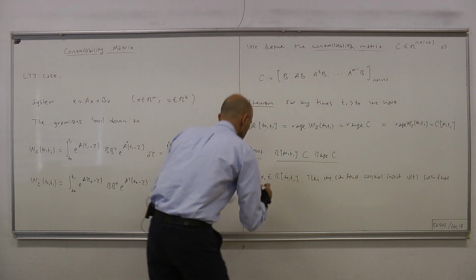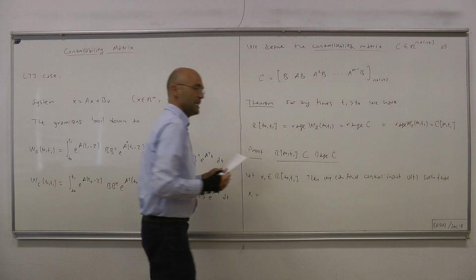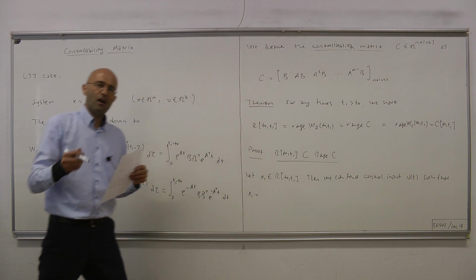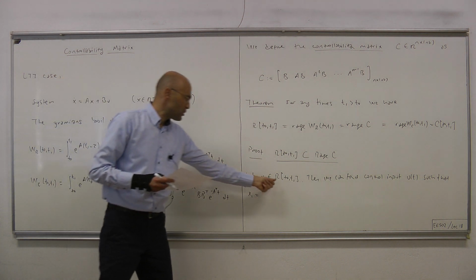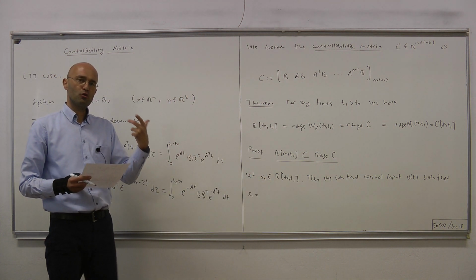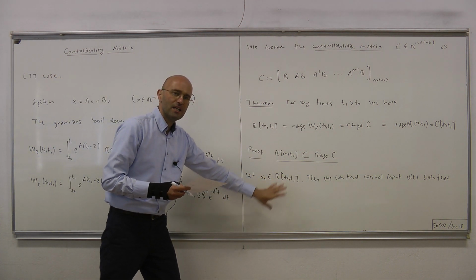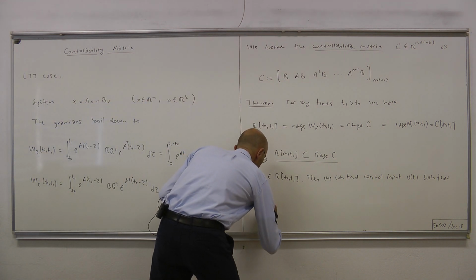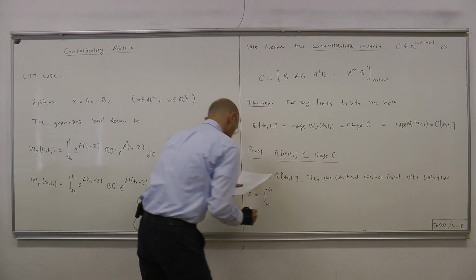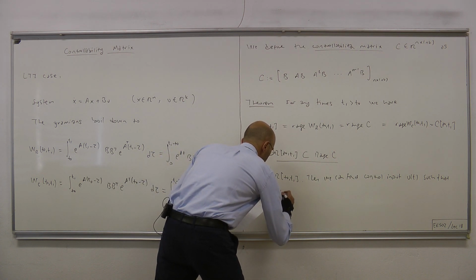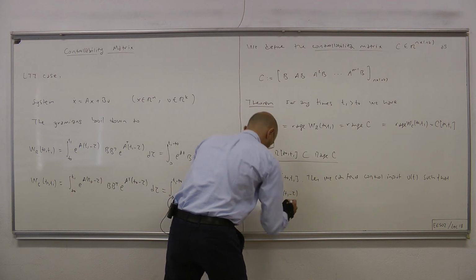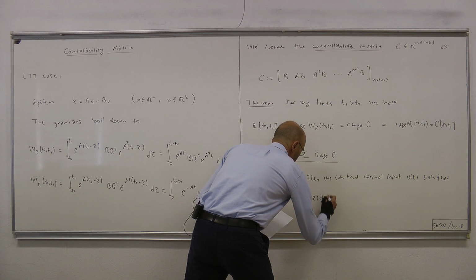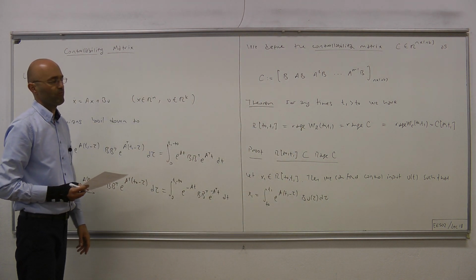such that x1 equals the state transition matrix times the initial condition, but by definition of reachability, we take the initial condition to be 0. Therefore, we only have the integral term due to the input. So we write x1 equals the integral from T0 to T1 of e to the A (T1 minus tau) B u of tau d tau.